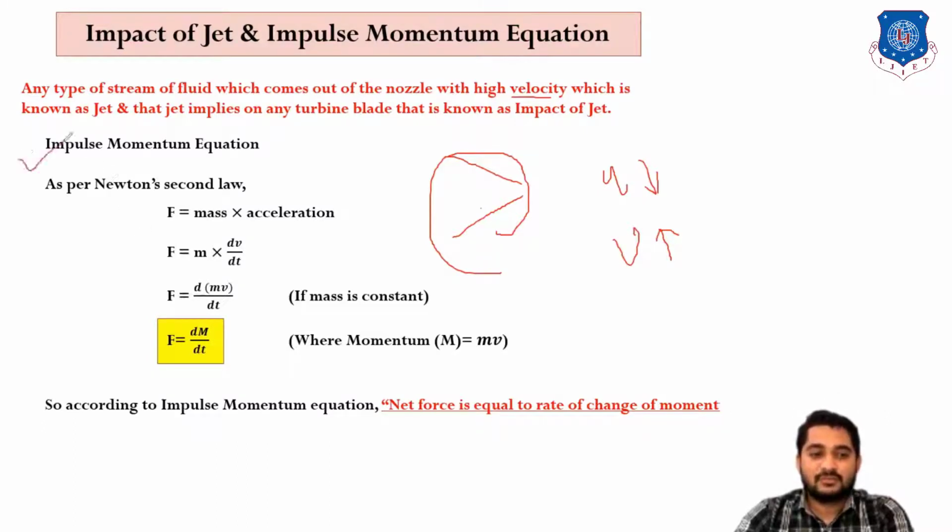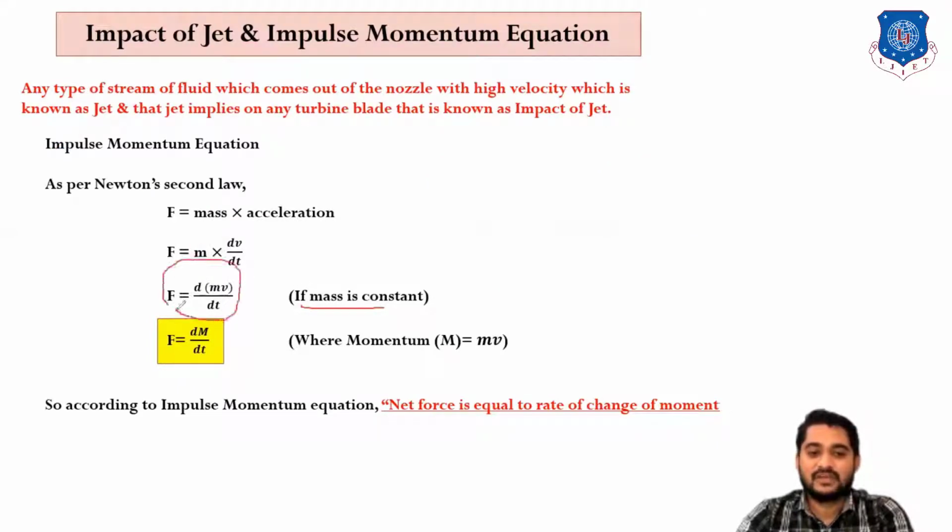So what do you mean by impulse momentum equation? As per Newton's second law, you know, force is equal to mass into acceleration. So we can write F is equal to mass m into acceleration dv by dt, right? So F is equal to m into dv by dt. Let us take mass as a constant, then we can also write F is equal to d by dt of mv, right?